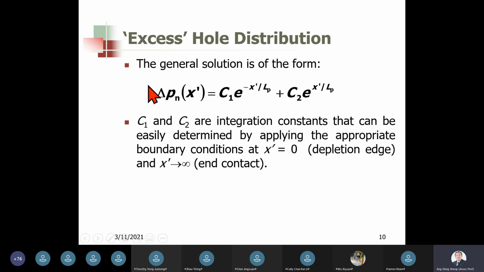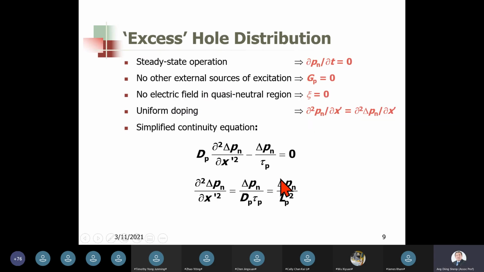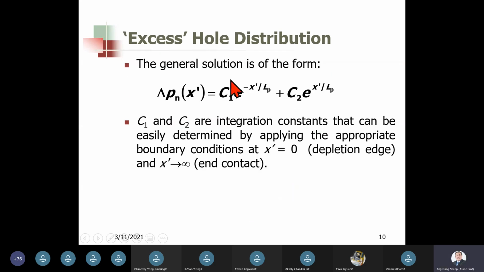All right, if this expression satisfies this equation, then this is the only solution for the second order differential equation by the uniqueness theorem.